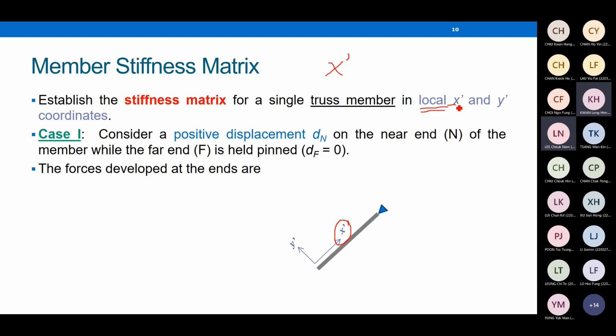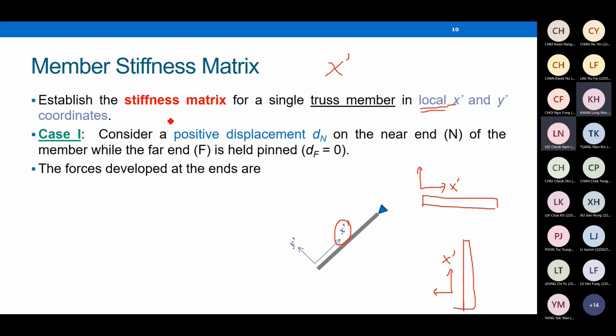Because x prime depends on the orientation of the member. If you have a horizontal member, then this becomes the local system. If you have a vertical member, then it becomes the local coordinate system. X prime is always along the member length. We call that local to the member.